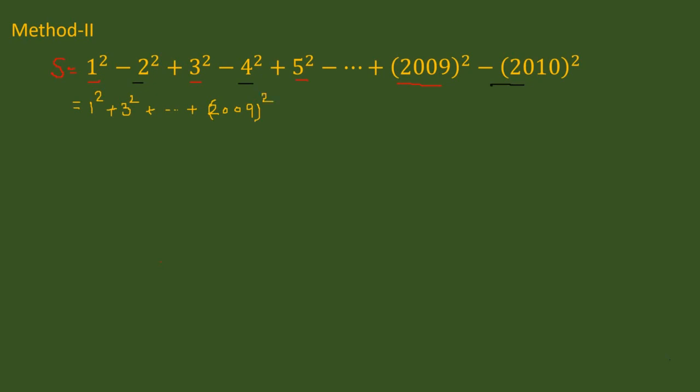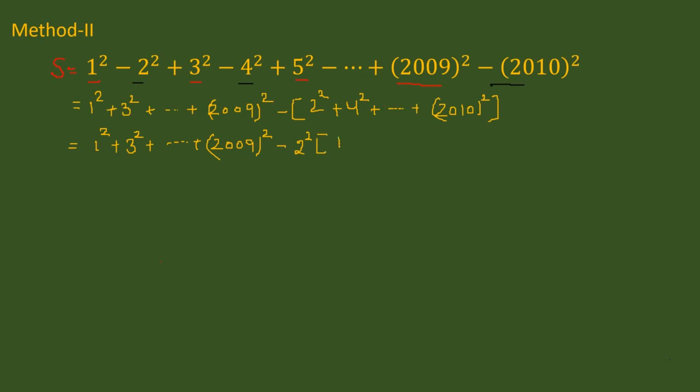Now separate the negative terms, take minus common: 2 square plus 4 square up to 2010 square. Again write 1 square plus 3 square up to 2009 square, minus, take 2 square common as we did in method 1.